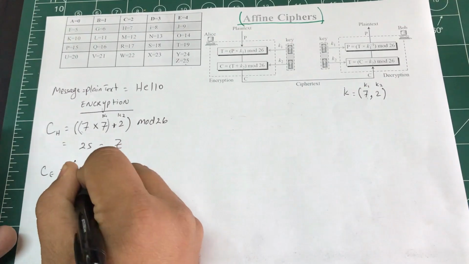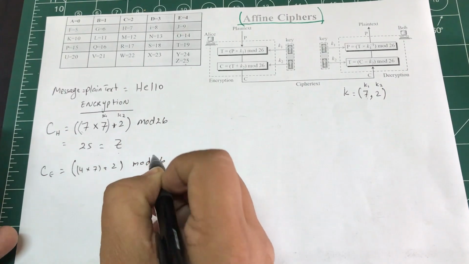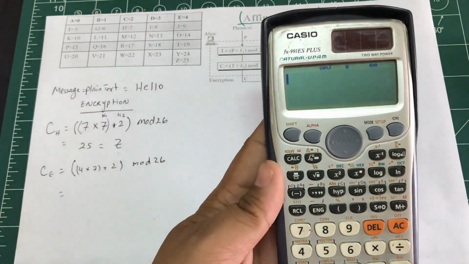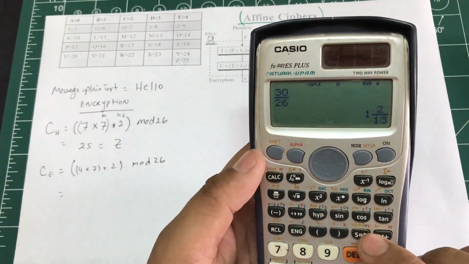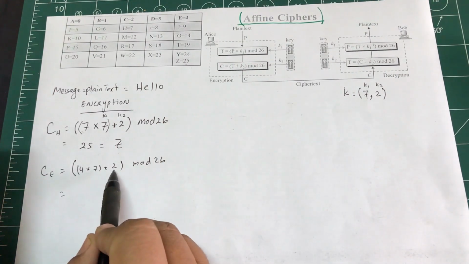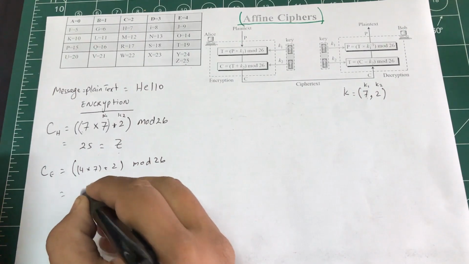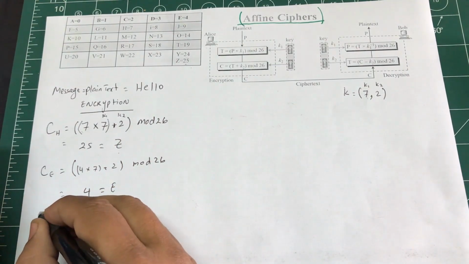So 4 multiplied by 7 plus 2, which is key 2, mod 26. 7 times 4 is 28, 28 plus 2 is 30. 30 mod 26, I'll get a remainder of 4. 4 corresponds to E in our code book. So this is E.